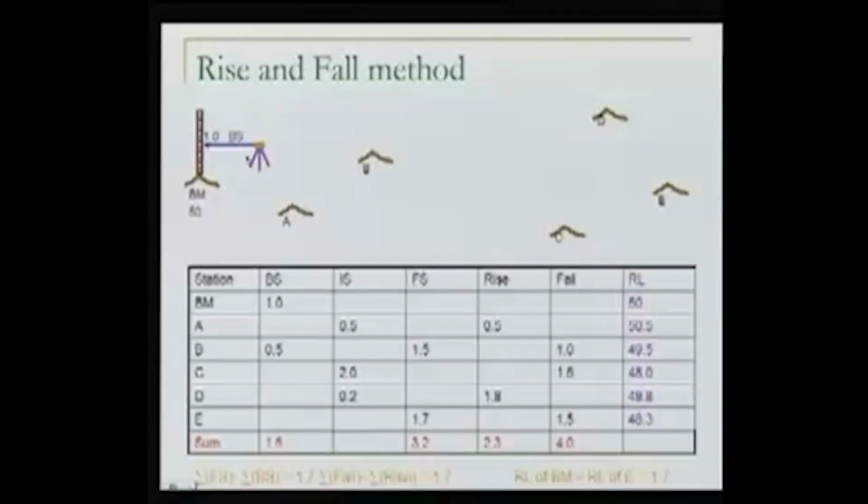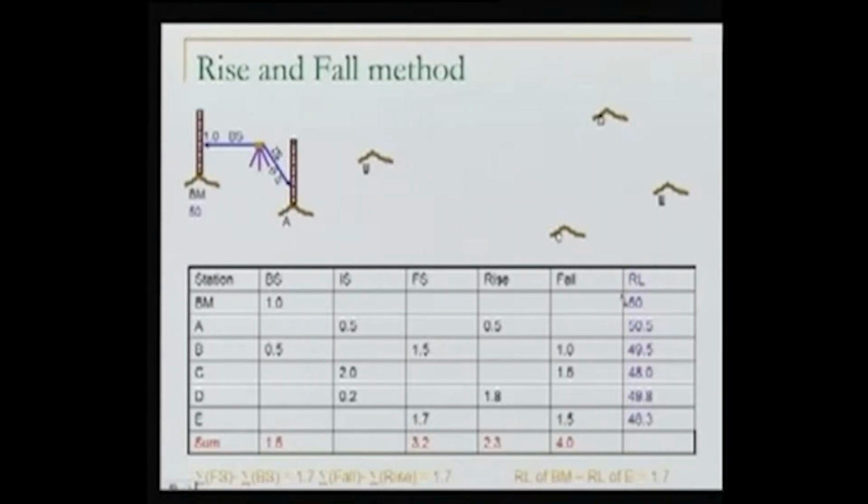Please mind it. We keep our level, keep our staff, and take our backside. Having done this backside, I will record it here, as well as record that this point is the benchmark, so its RL is 50. Next, I take my staff to A and take an intermediate side on that.